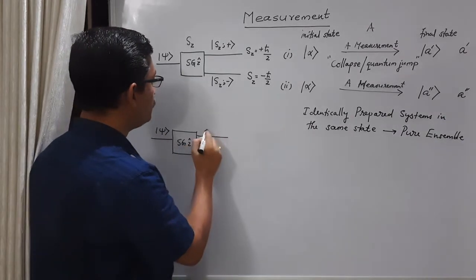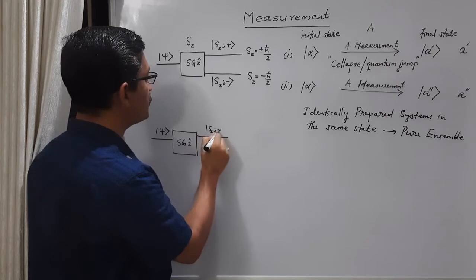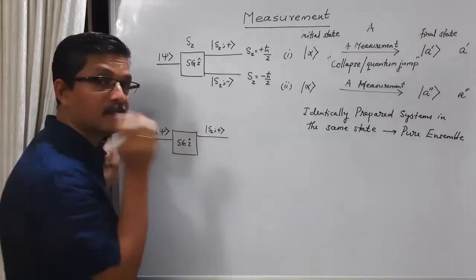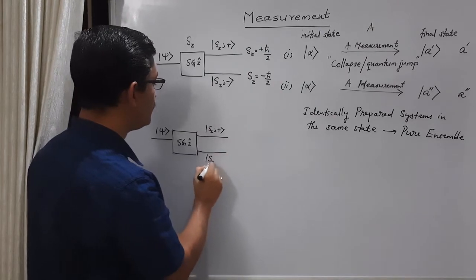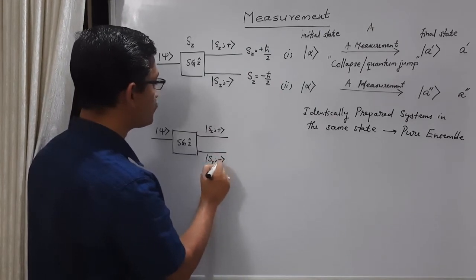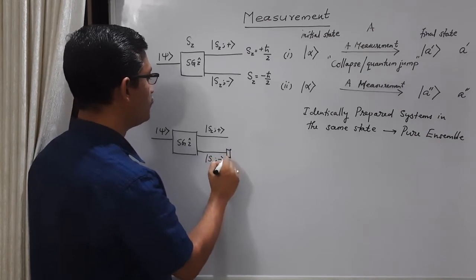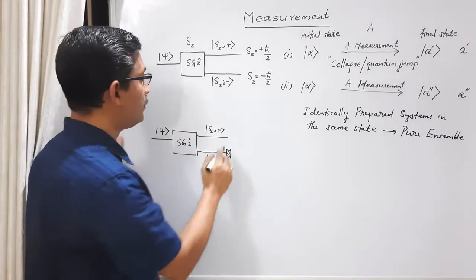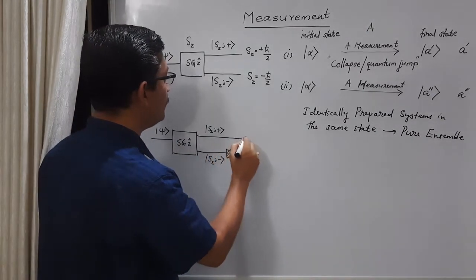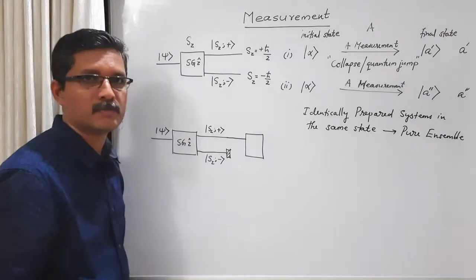So nearly half the particles are in the up-spin state, with Sz equal to plus h cross by 2. The other half are in the down-spin state with Sz equal to minus h cross by 2. And we stop this beam here. The Sz minus beam we have stopped here, and this beam we use for further measurements. Okay.